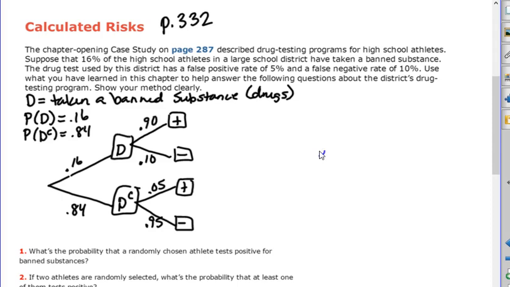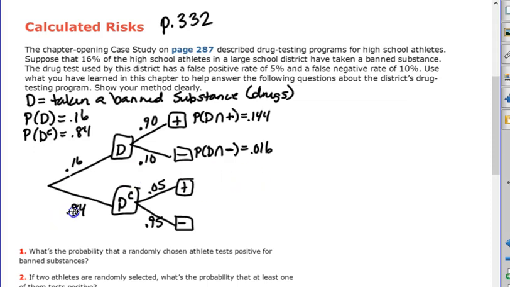So if we multiply across, we have the probability that they took drugs and they have a positive test. That would be 0.16 times 0.90, and that turns out to be 0.144. Then the second is the probability that they took drugs and they tested negative. So that would be 0.16 times 0.10, which would be 0.016.